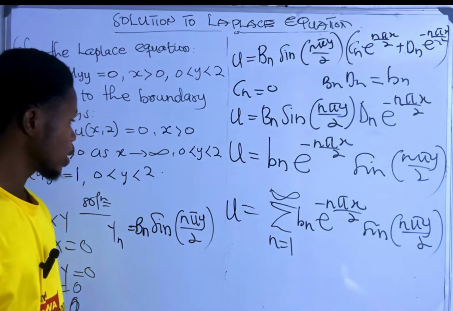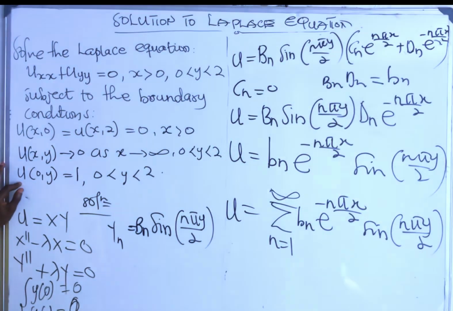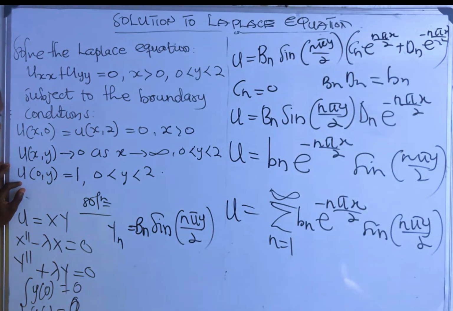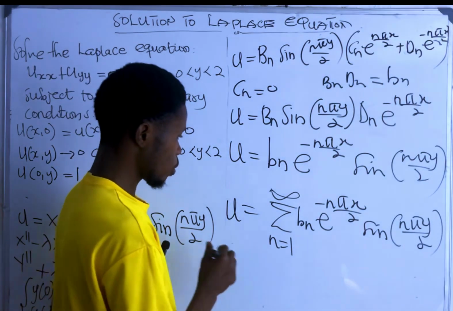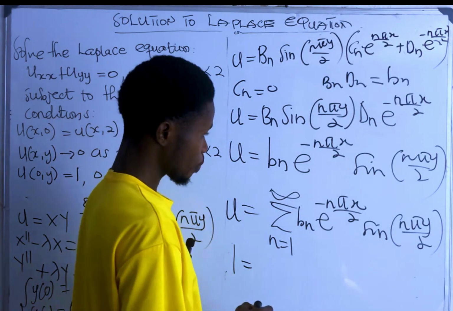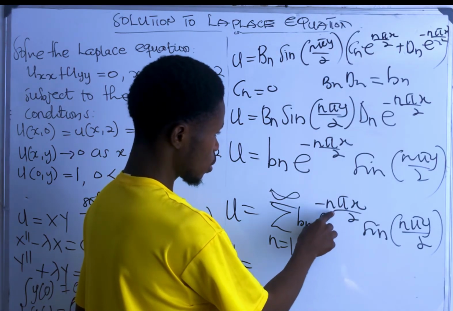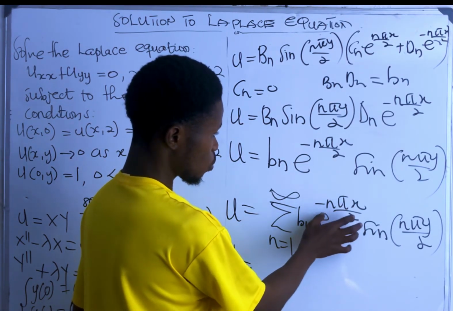Now, we are done with this. So we are now going to apply the third condition. The third condition is saying that u is 1, x is 0, y is y. So if u is 1, we are going to have 1 equals, and if x is 0, e to the power 0 will be 1.